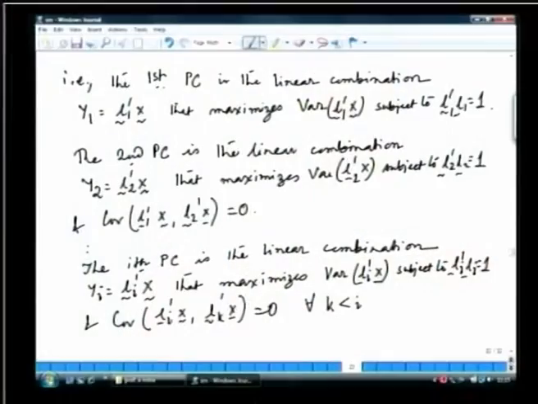The total variability of these y's should be equal to the total variability of x, and last but not the least, the total variability of y can be explained through the variability of a very few number of y's. Okay. So, whether all these things can be satisfied with this type of construction that I am saying. Okay. So, for this we go on to the next thing.